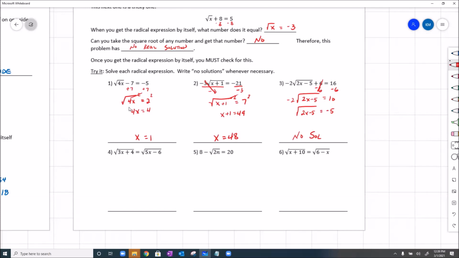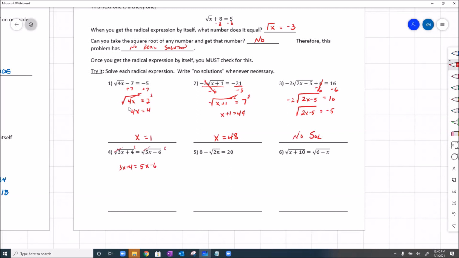All right, number 4. Notice that we have a radical on both sides. It doesn't kind of feel alone, but on each side the radical is by itself. So we're in a position to square both sides. We get 3x plus 4 equals 5x minus 6.